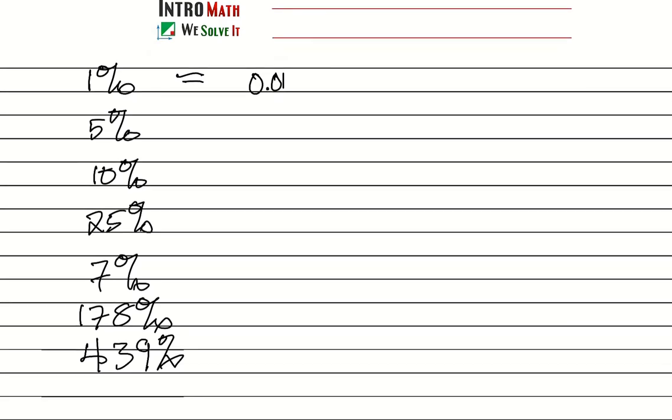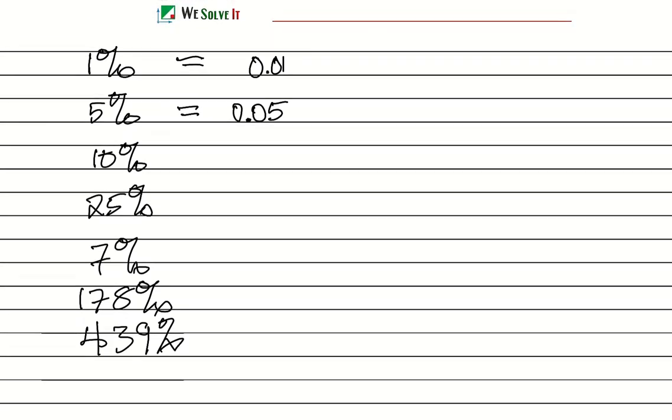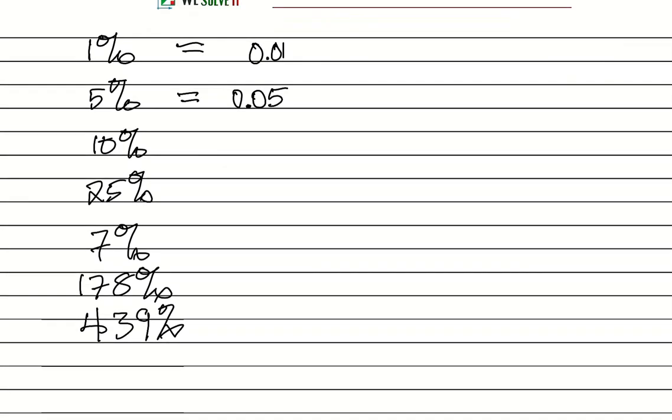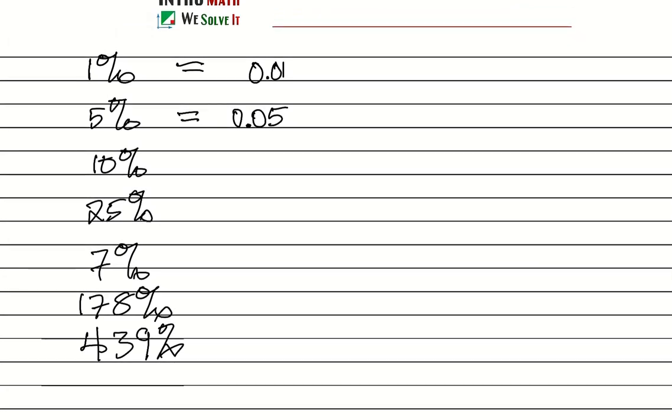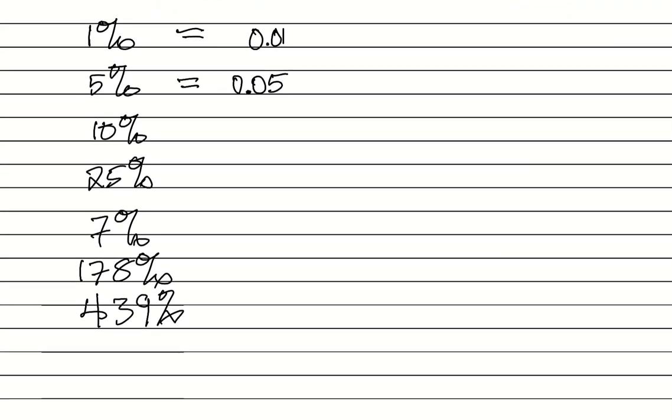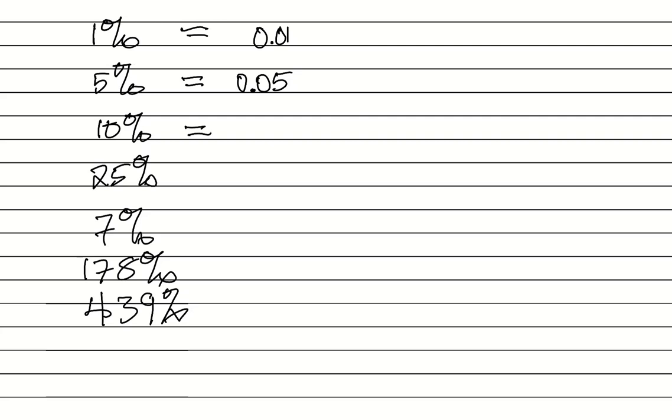The same thing here: you write 5, and then you move the decimal point 2 places, putting 0 here. Some people don't like to put 0, but I like to leave it there. If you don't put 0 on the left of the decimal point, it's okay. And then the same thing here.